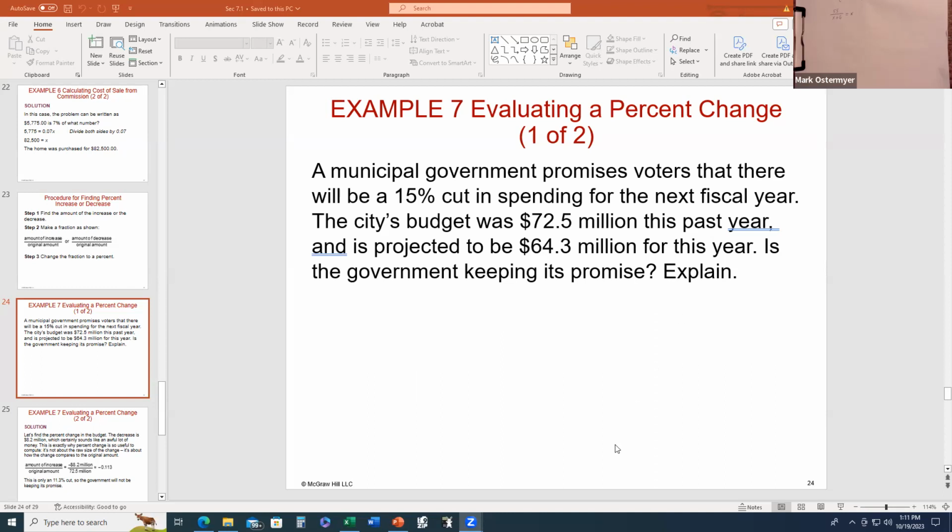Does anybody know what a fiscal year is in the business world? Our years go from January 1st to what? December 31st. You agree? Our regular calendar year. Well, what's a fiscal year in the business world?